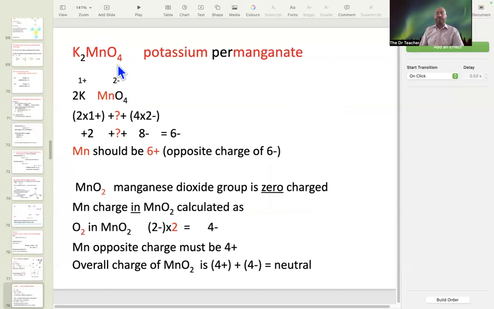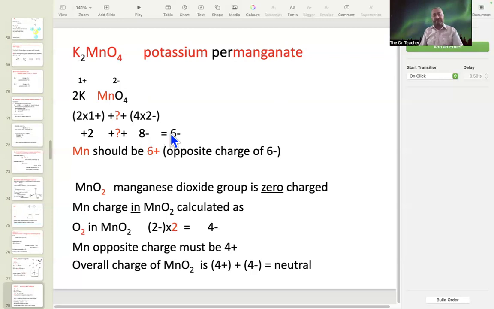But K2MnO4, what is it? Now, let's check the oxidation number of the manganese inside K2MnO4. Okay, we come here. The manganese is missing, we can put a question mark on the manganese. The oxidation state of the oxygen is -2 times 4, -8. 2 times +1 for the potassium, +2. So we have 2 and 8. What is the difference between them?